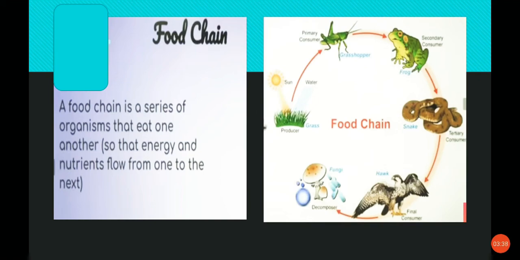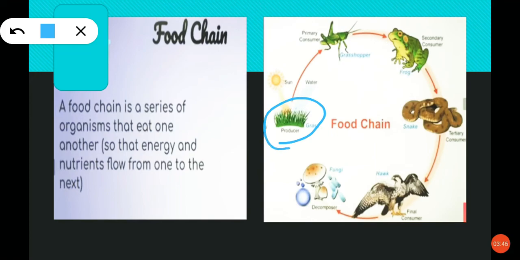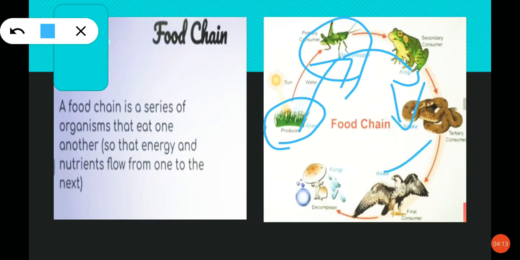So see here, it starts from plants. This is grass. Plants can prepare their own food by photosynthesis, and that food will be eaten by an animal, for example a grasshopper. The grasshopper is eaten by a frog, the frog is eaten by a snake, and the snake is eaten by an eagle.